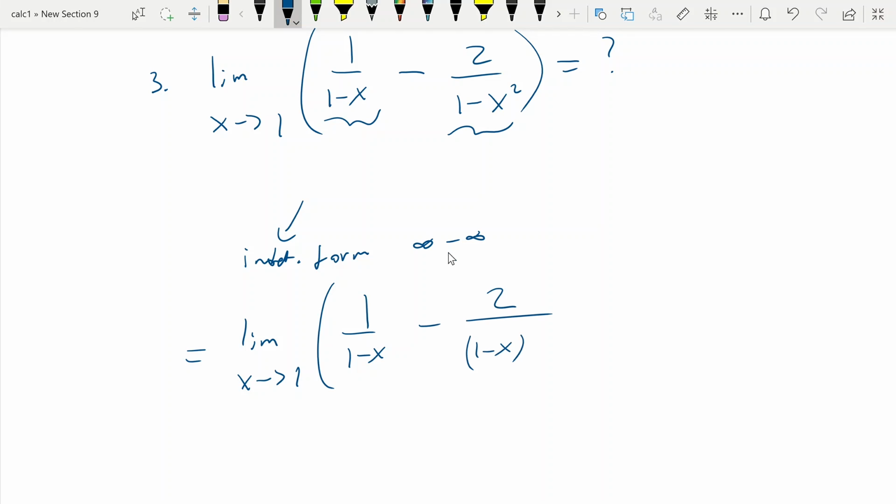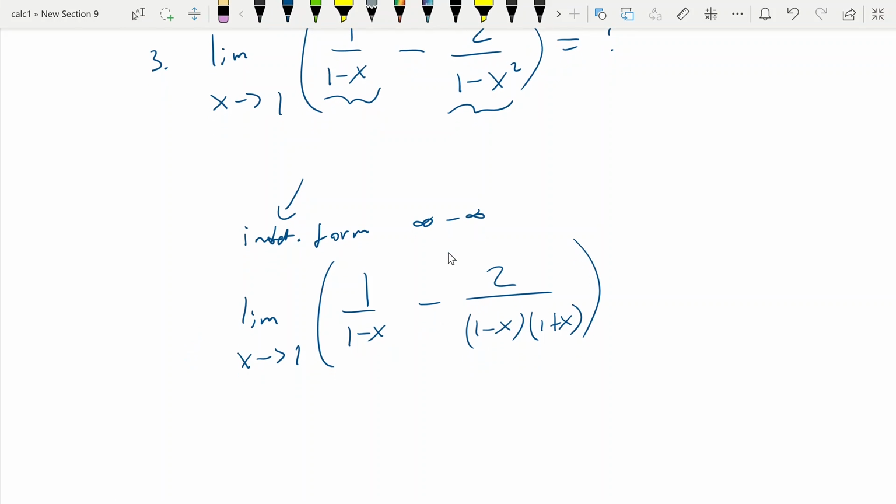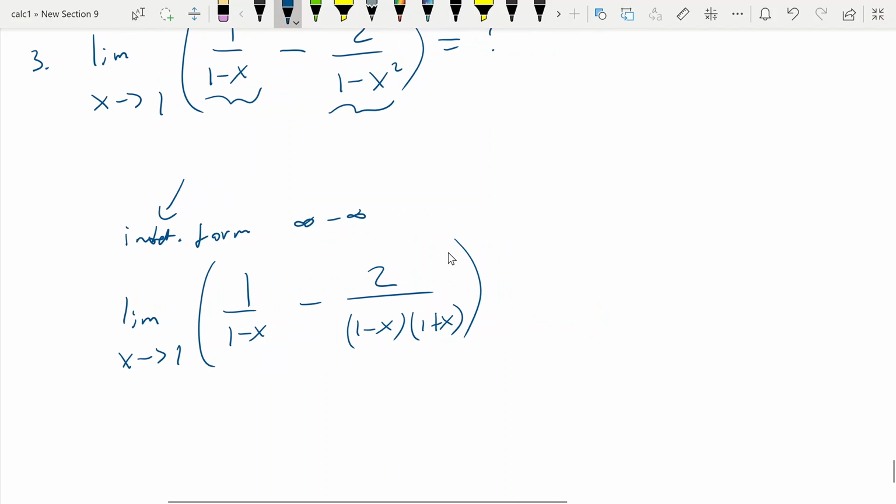Then we first do some algebra to write the denominator of the second expression in this way. And we have a common denominator.